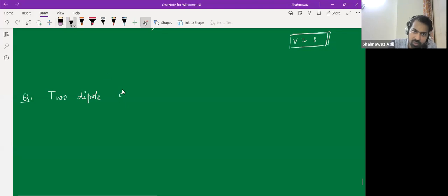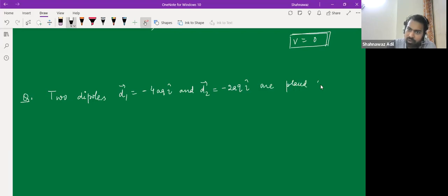Let's say this is dipole 1, of minus 4 AQI hat, and dipole 2 of minus 2 AQI hat, and the two dipoles are placed on the x-axis.